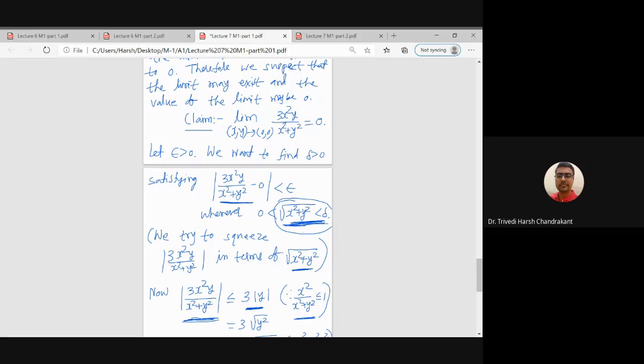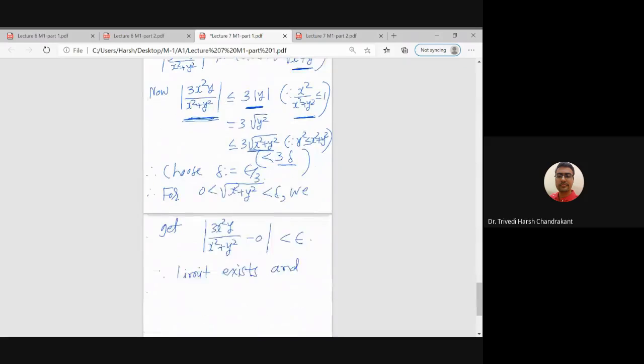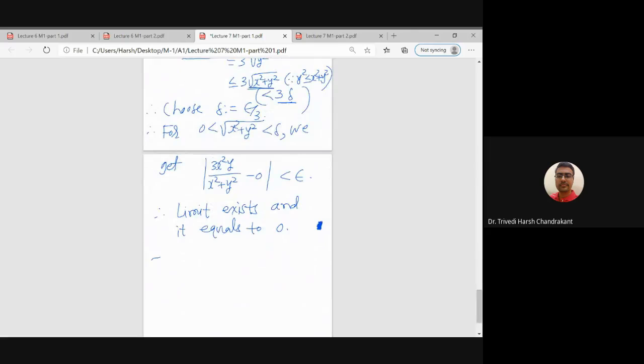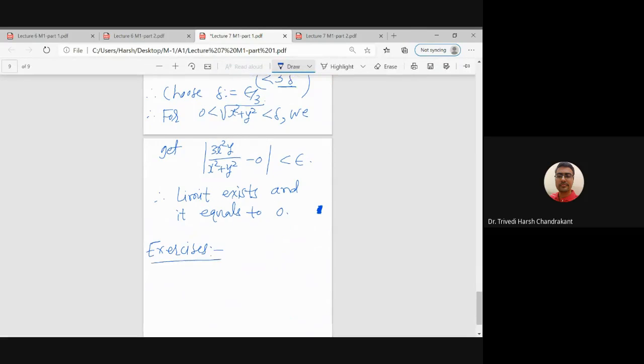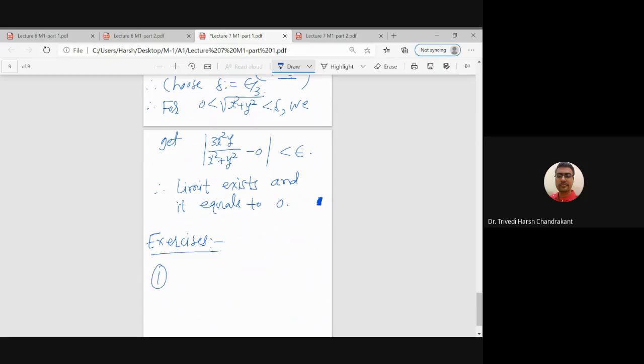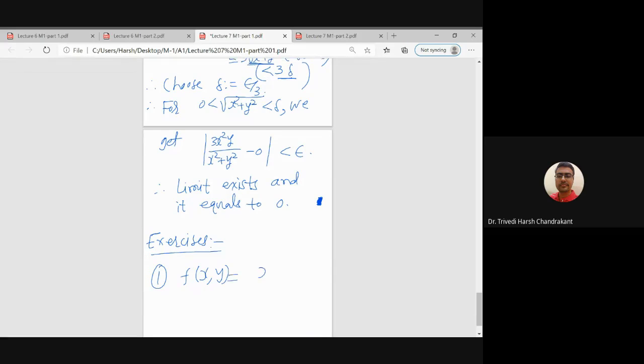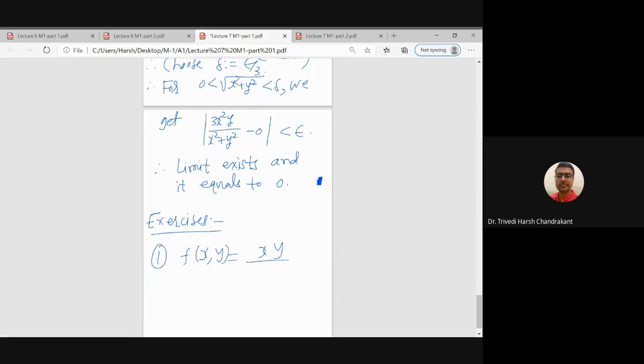Okay, so let me give one or two exercises if you want to practice. Just check the limit of these functions at the origin. The first function is f of xy equals xy divided by x square plus y square.